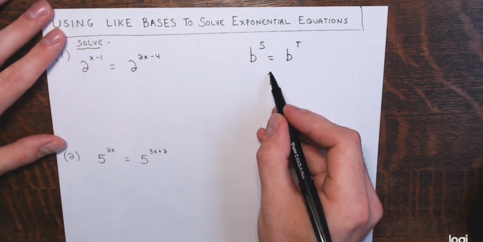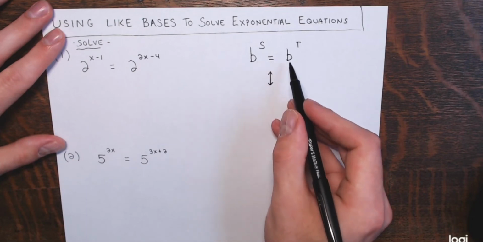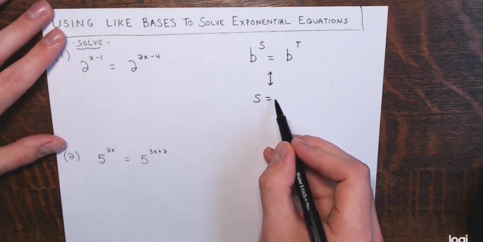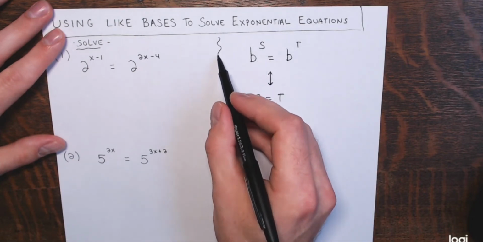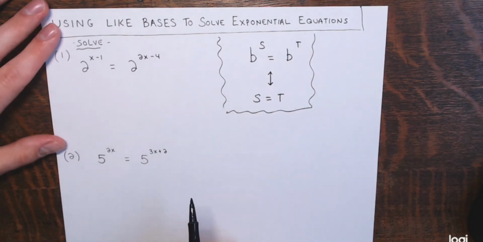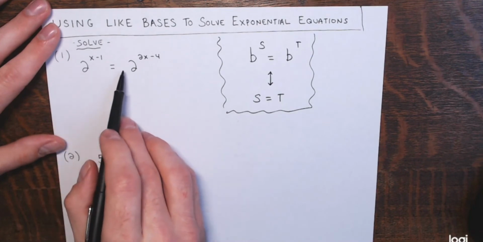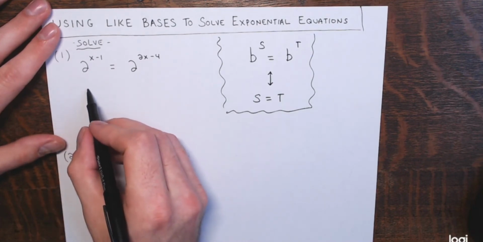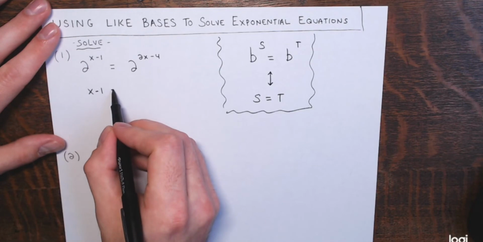Remember what that property states is that if I see that, then we can just equate the powers. Here's that one-to-one property, written in shorthand up here. The only way these two are going to be equal is if the powers are equal. So if x minus 1 is equal to 2x minus 4.